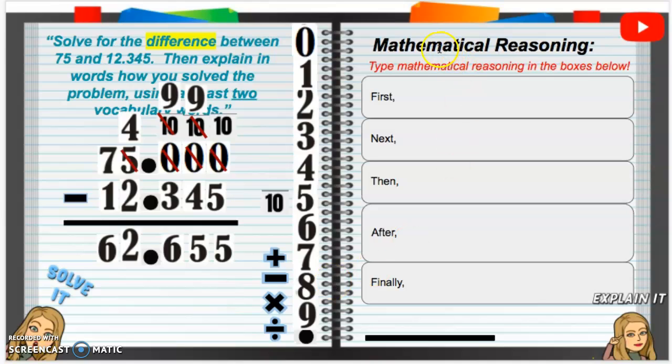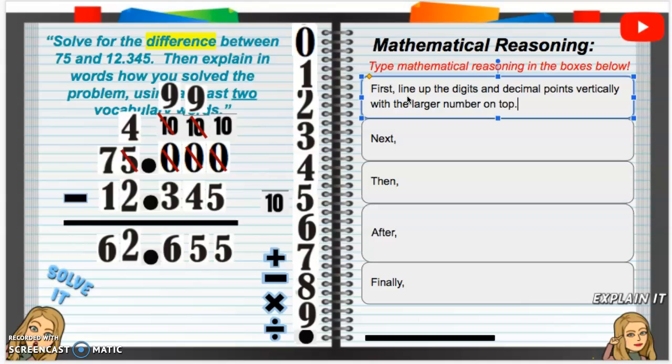Now we need to type our mathematical reasoning. So first, what did we do? I'm going to double click in this box. First, we line up the digits and decimal points vertically, meaning up and down, with the larger number on top. Perfect. All right, next.